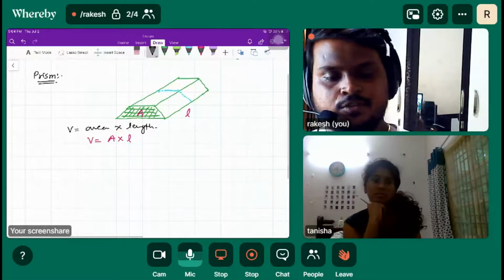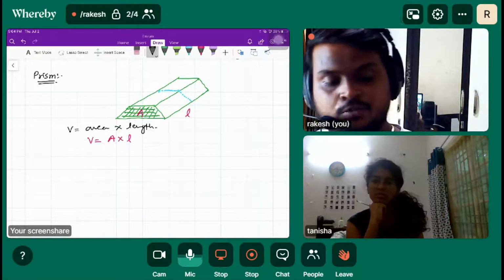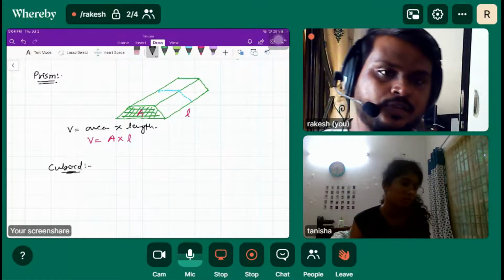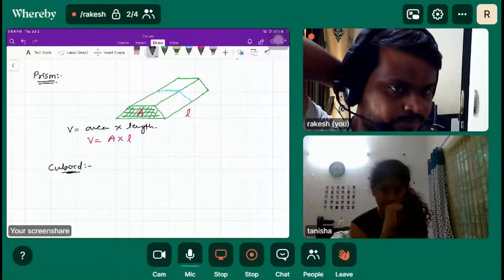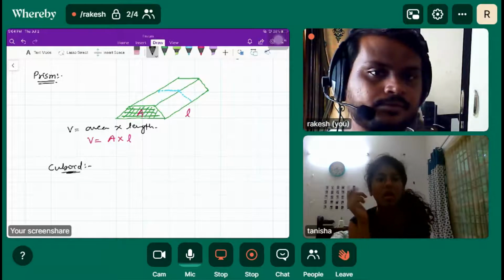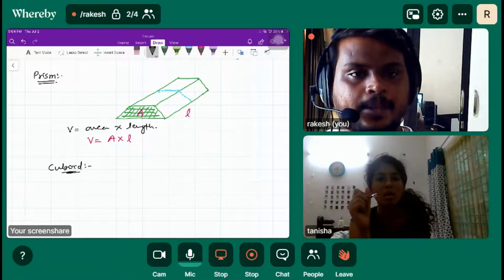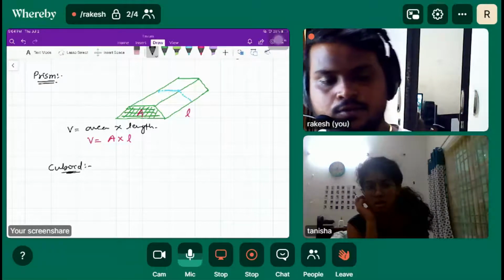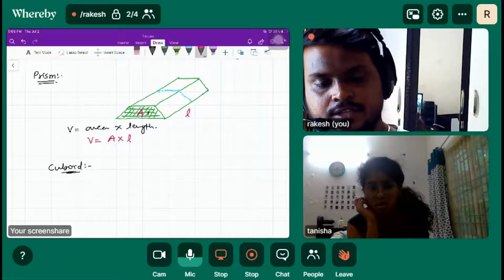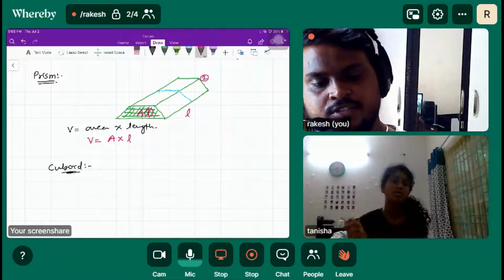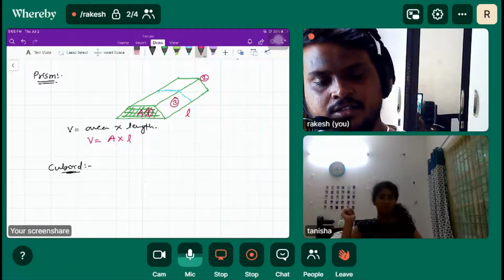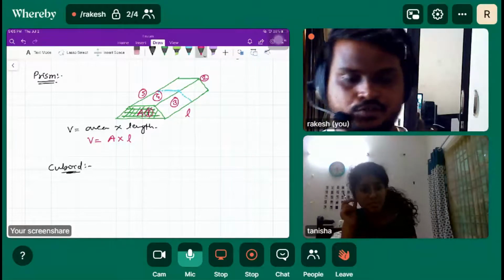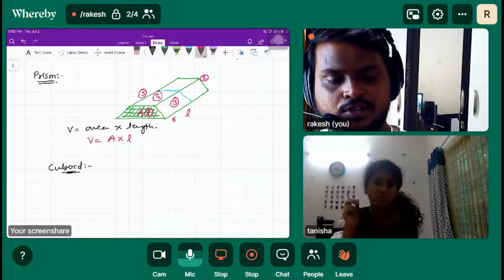The prism could be anything, like it may be a cuboid. How many faces are there in this prism? Six faces, right? This is one, second is behind, third, fourth, fifth, and six is below that.